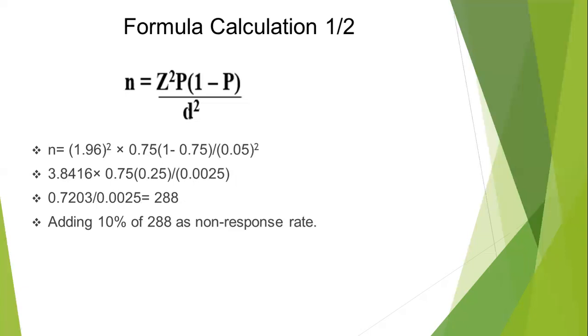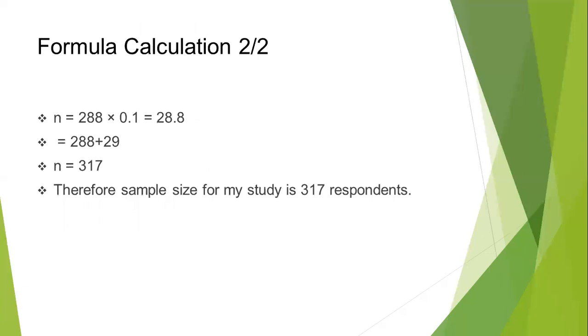But it's advisable from literature that you need to add a margin of non-response rates. Usually 10% is used. Some also use 5%. So taking 10% of 288, it will give us 28.8, which will be 29.